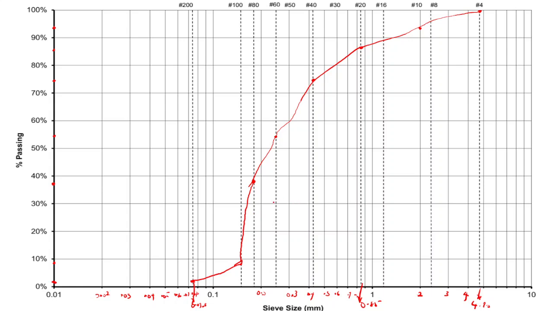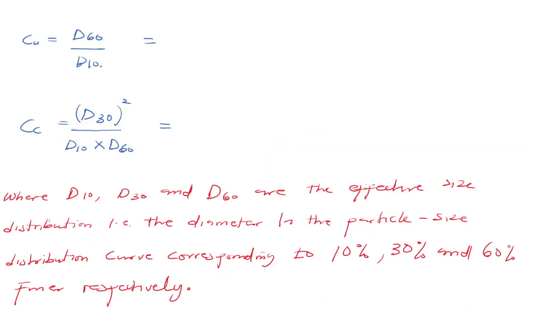So now you're asked to look for your CC and your CU. So in the formula, CU is D60 over D10, while CC is D30 squared over D10 times D60.